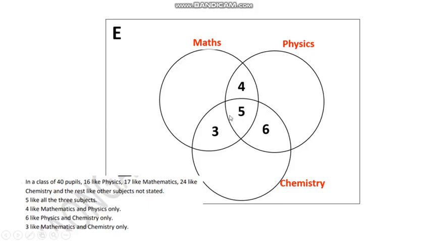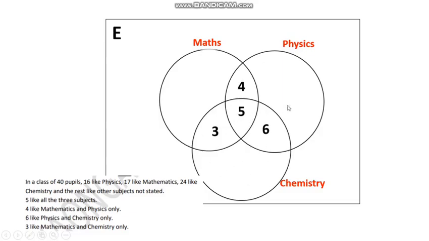Now, they have told us the total number of pupils that liked physics is 16, the total number that liked maths is 17, and the total number that liked chemistry is 24.